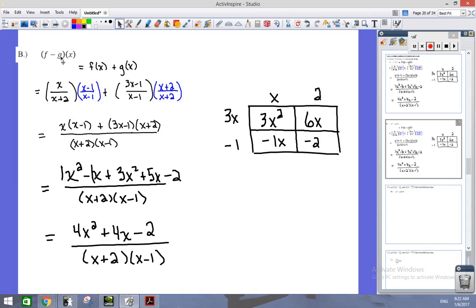So in part B, if I want this new function f minus g, then instead of adding f and g together, I'm going to subtract them. So it's still, to add or subtract two fractions, you need a common denominator. So I'm still going to have this first term and the second term being the same.